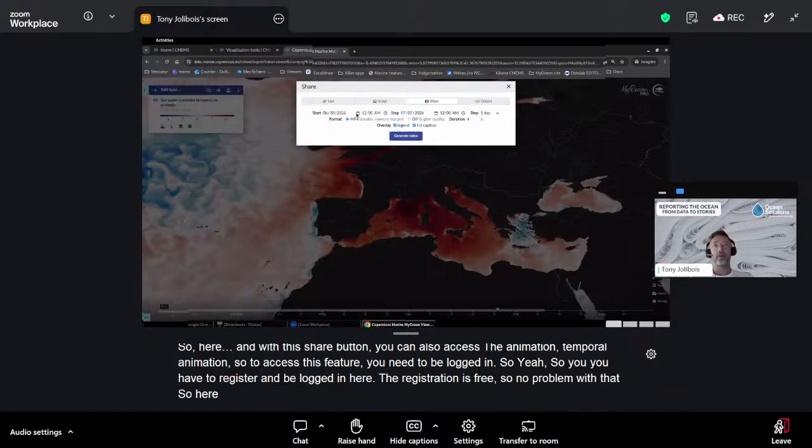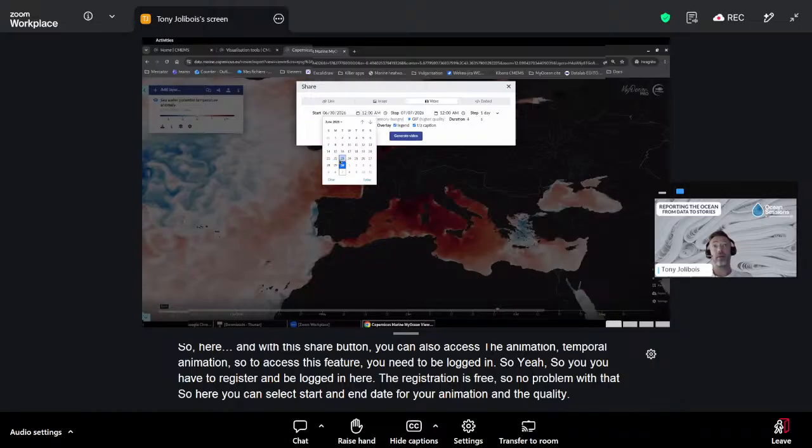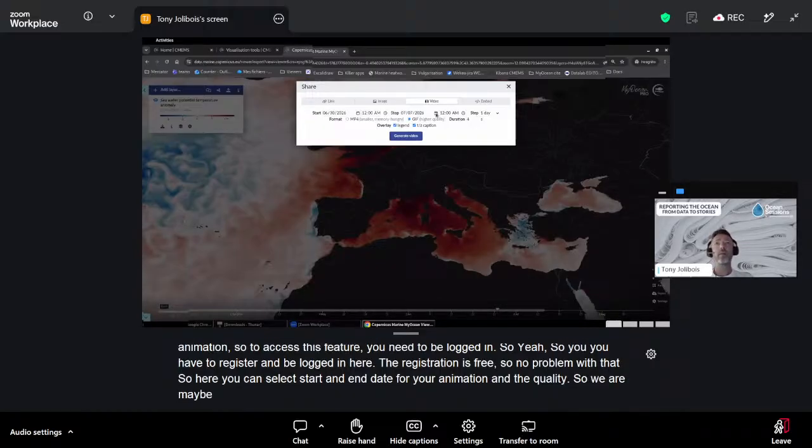So here you can select start and end date for your animation, and the quality and GIF. So maybe from the 30th of June to today.